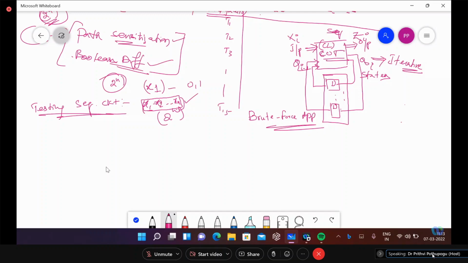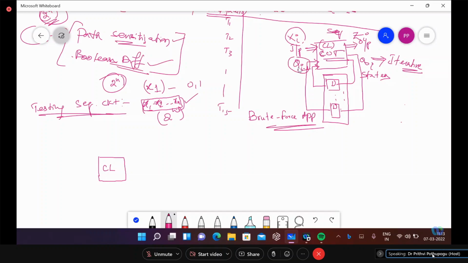This combinational logic circuit is the only one wherein we are not changing the hardware. What will be changing is only the value of X of I and Q of I minus 1. And this X of I is external. This is internal.